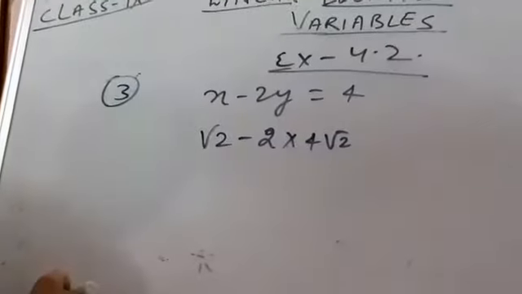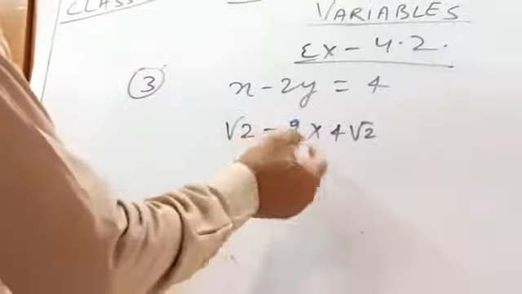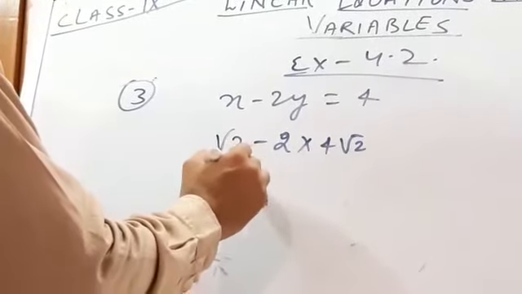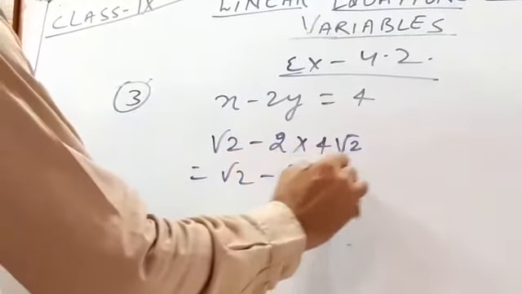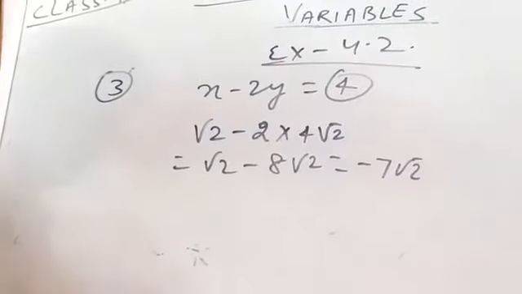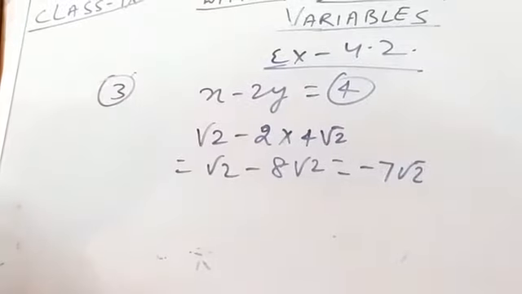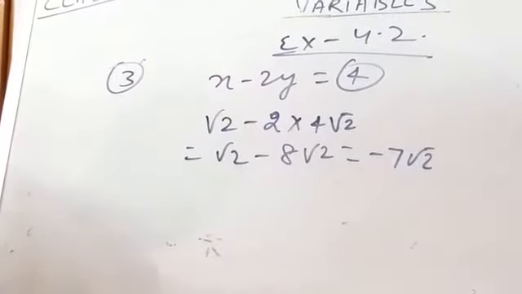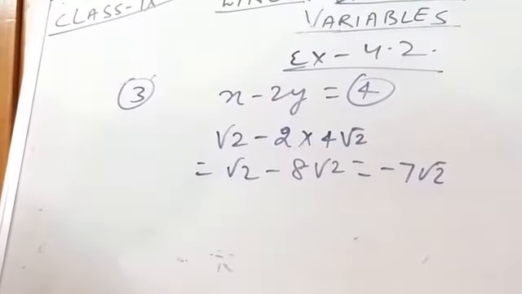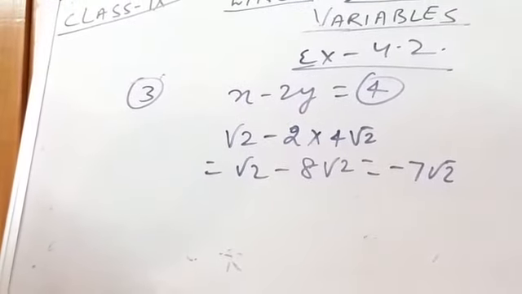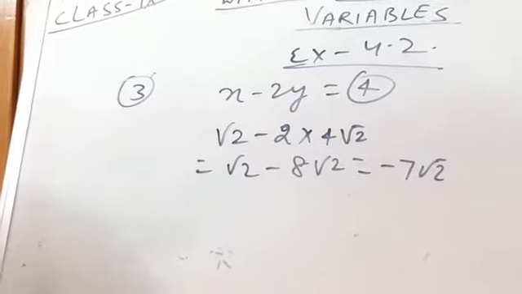I don't think so. It is root 2 minus 8 root 2, so this gives -7 root 2. This is not 4, so it is not a solution of the equation. The fifth one is also not a solution. So only the third one is the solution: 4 minus 2 into 0 gives 4.